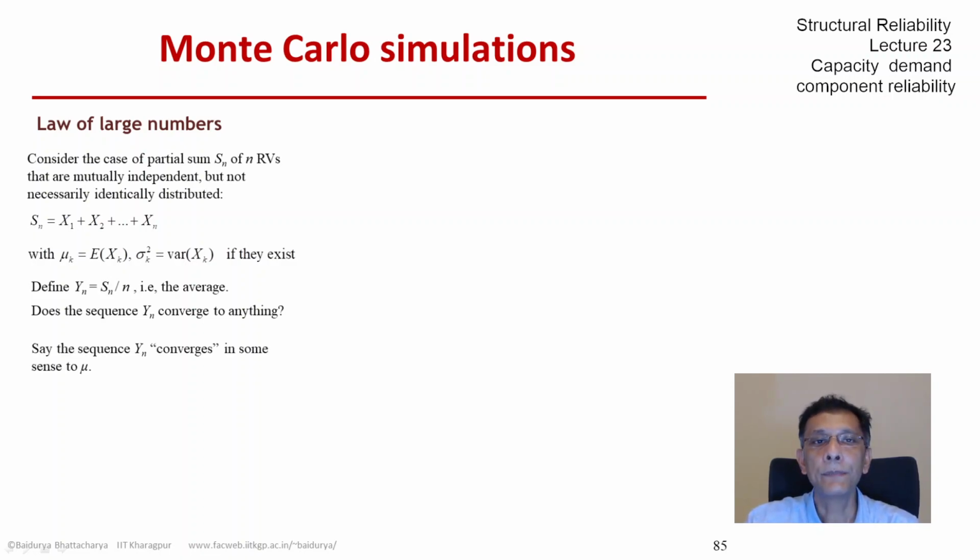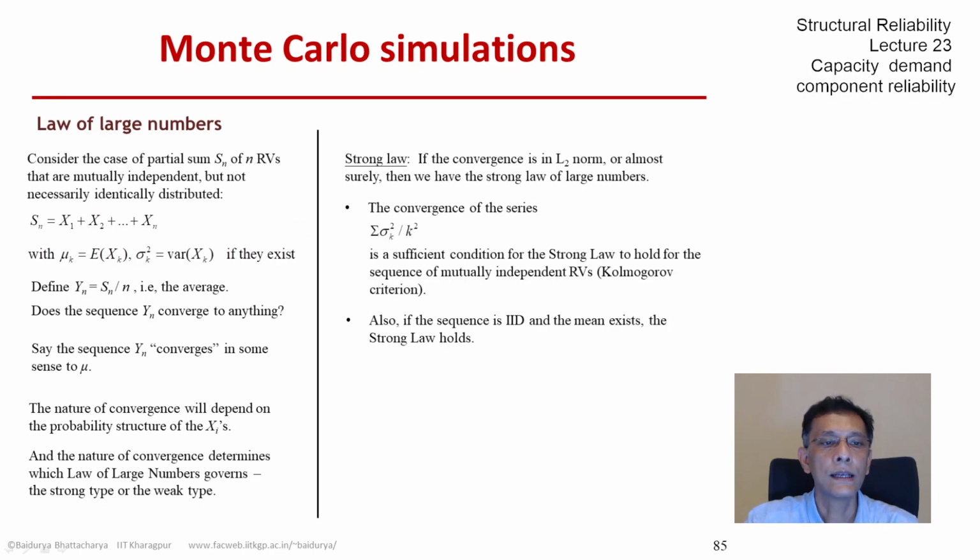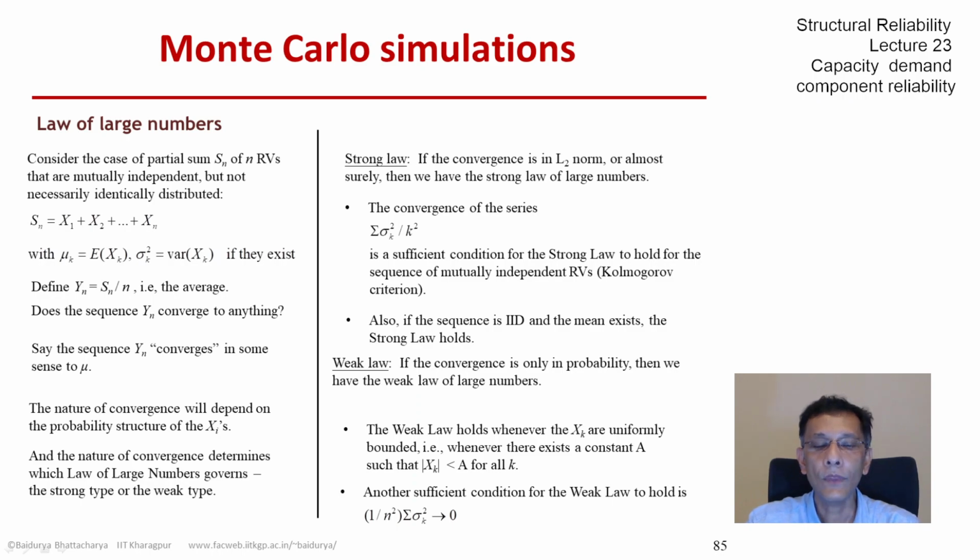And depending on the nature of the underlying random variables, the convergence can be in weak form or strong form. And it so happens that between the strong law and the weak law of large numbers, if we have IID samples, a sequence of IID random variables, then the strong law holds.